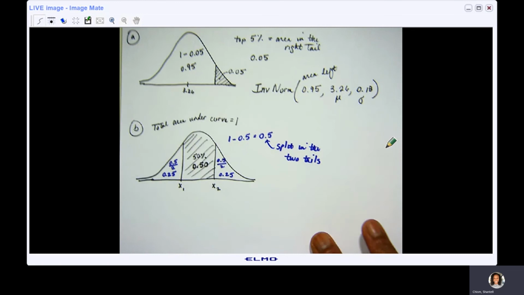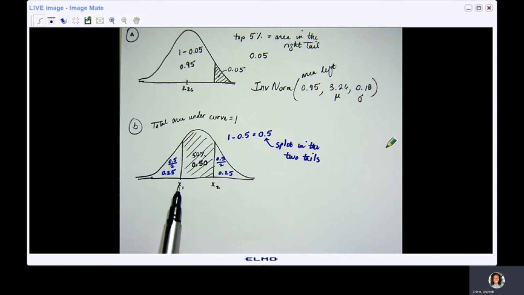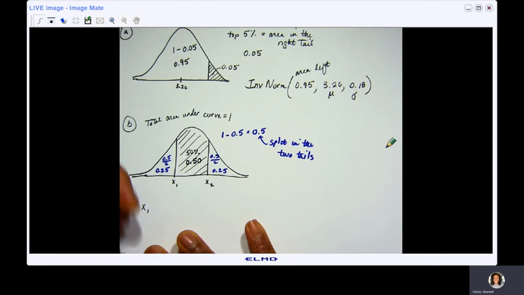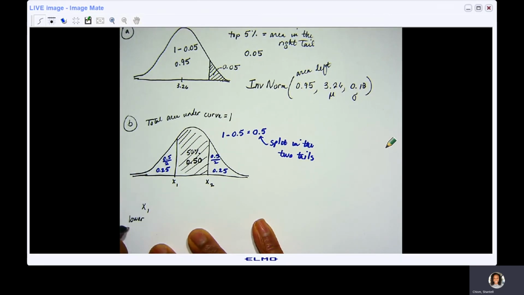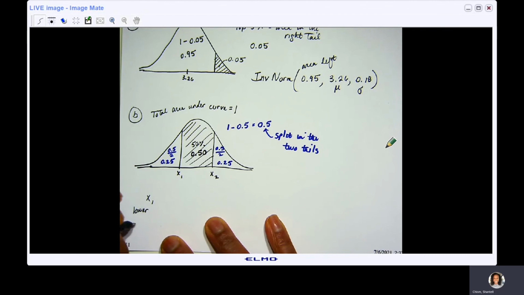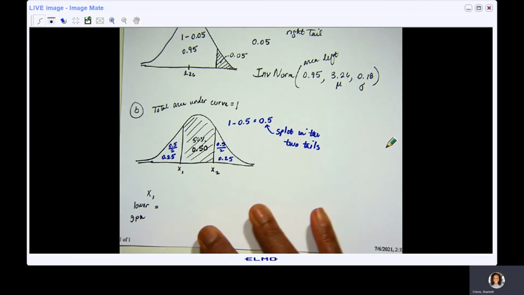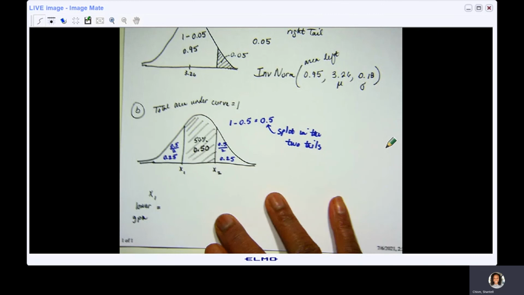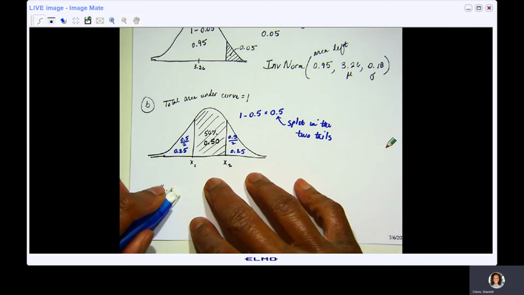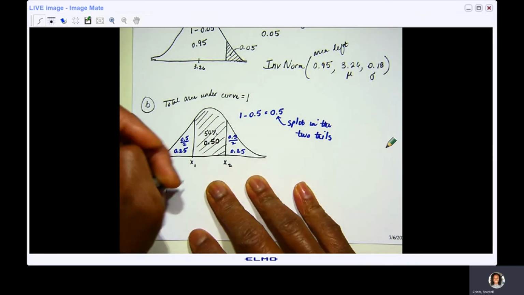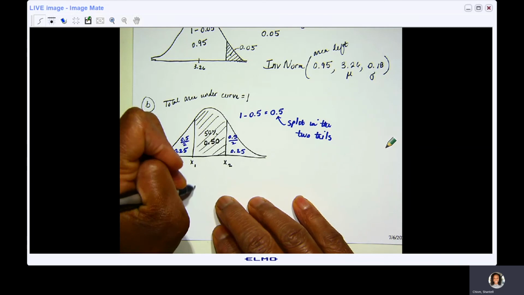Now, I want the lower end GPA, so I'm going to use the area to the left of it. I'm looking for X1, which I'm calling the lower GPA. So to get that, and I'm going to put my equal sign up here with the X, I'm going to use inverse norm.